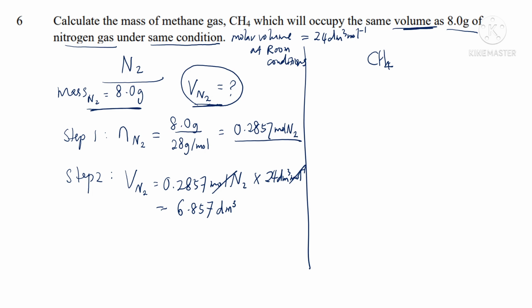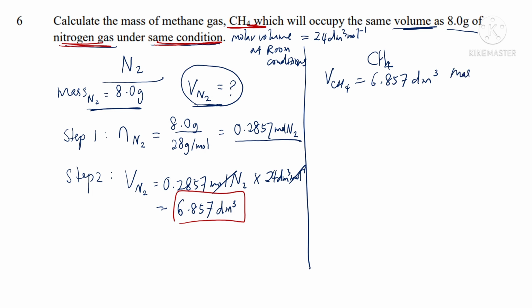We can then use this volume to solve for methane, because the question says the volume occupied by the methane gas is the same as the volume occupied by the nitrogen gas at the same condition. Therefore, the volume of methane gas is 6.857 dm cubed under room condition.